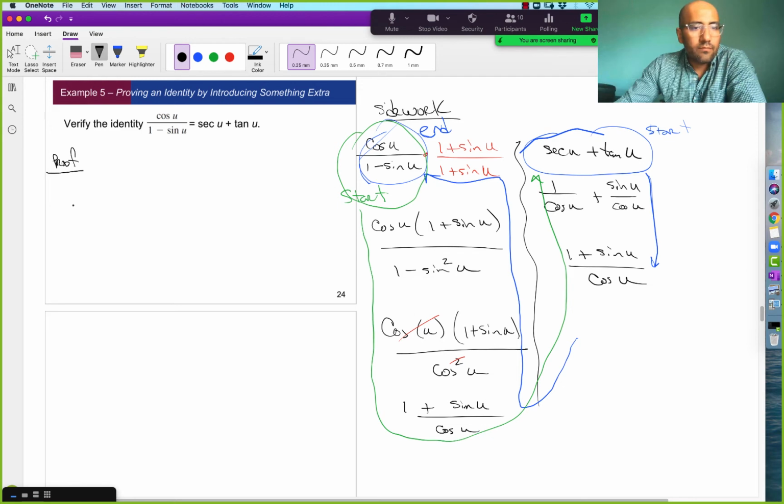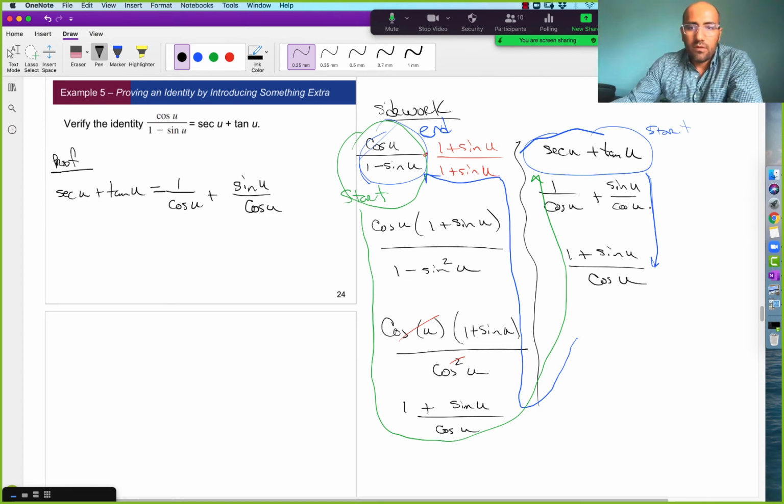Proof. We're going to start with cosine of, well, let's go backwards. Let's just practice that, looking at my side work going backwards. Proof. I'm going to start with secant of u plus tangent of u equals, okay, and then looking at this, I know that it's going to be 1 over cosine of u plus sine of u over cosine of u.